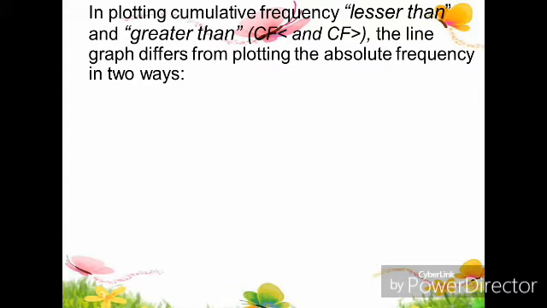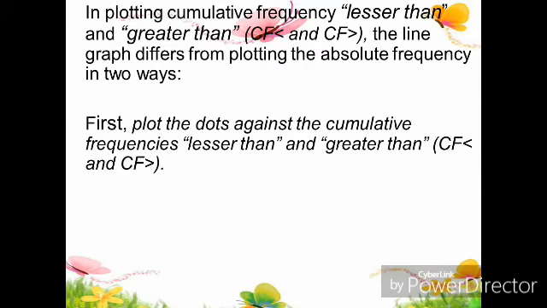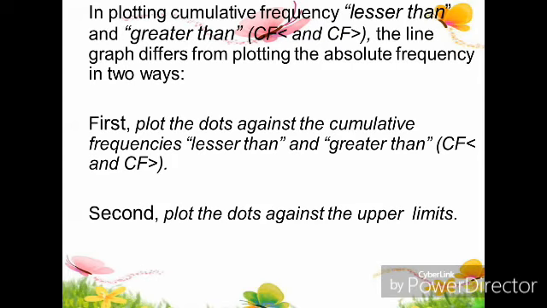In plotting cumulative frequency lesser than and greater than, the line graph differs from plotting the absolute frequency in two ways. First, plot the dots against the cumulative frequencies lesser than and greater than. Second, plot the dots against the upper limits.